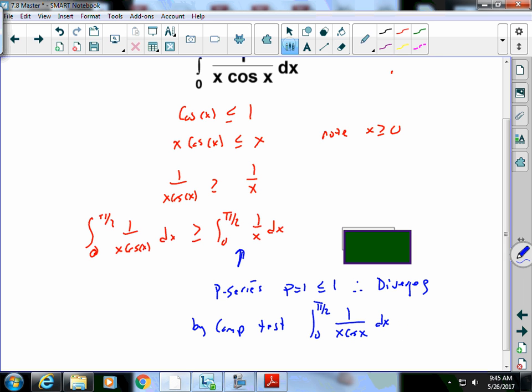I'm just going to use that fact, because again, I have my larger function compared to my smaller function. If my smaller function diverges, then my larger function must diverge because of how they are set up.